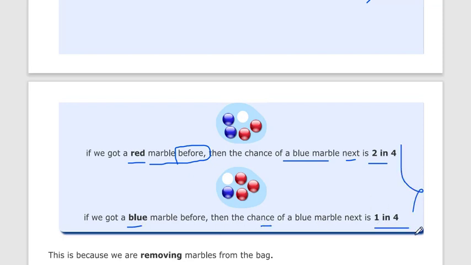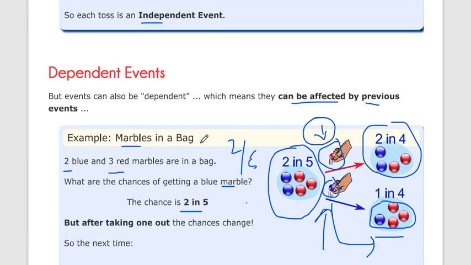You can see that these two probabilities are different. It depends on what outcome we get in the first event. Depending on the previous outcome, we can find the probability of the second event. So it's called a dependent event.